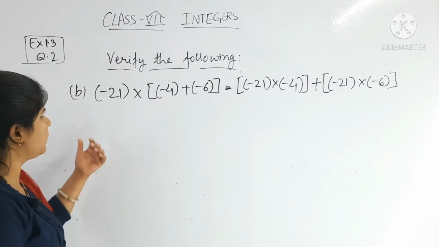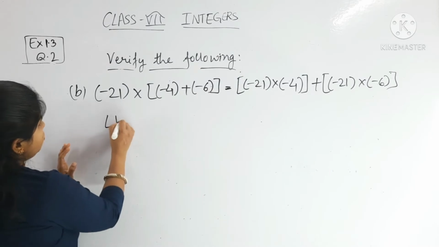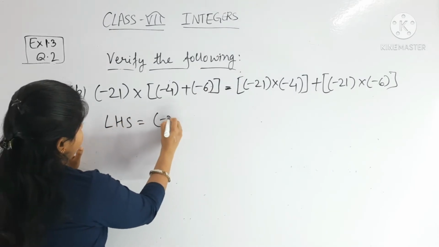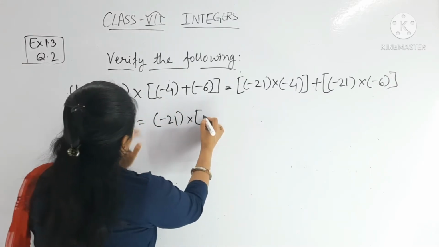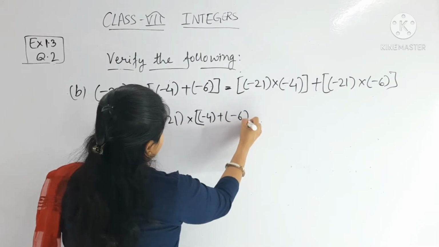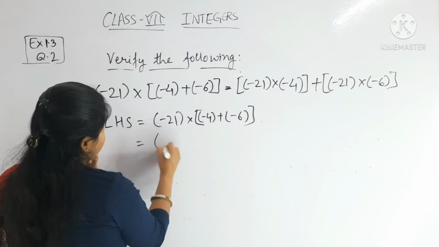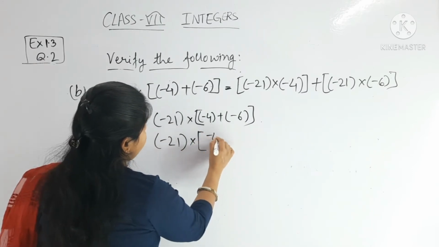Now let's come to part B of question number 2. First I am solving the LHS part. Minus 21 into, this is the same distributive property, minus 4 plus minus 6. So minus 21, we have to solve the bracket one: minus 4 minus 6.